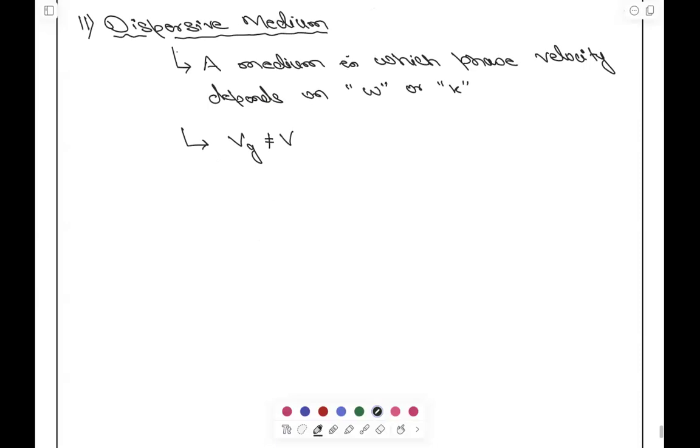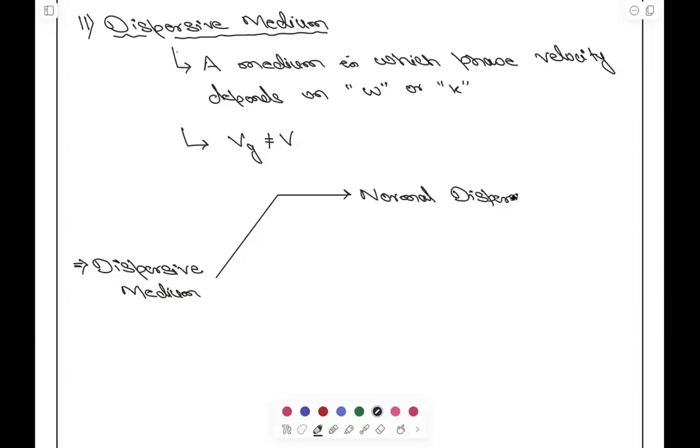Now, if this is the case, I can say that the dispersive medium can be of two types. From here we can find two cases. First case is normal dispersion.